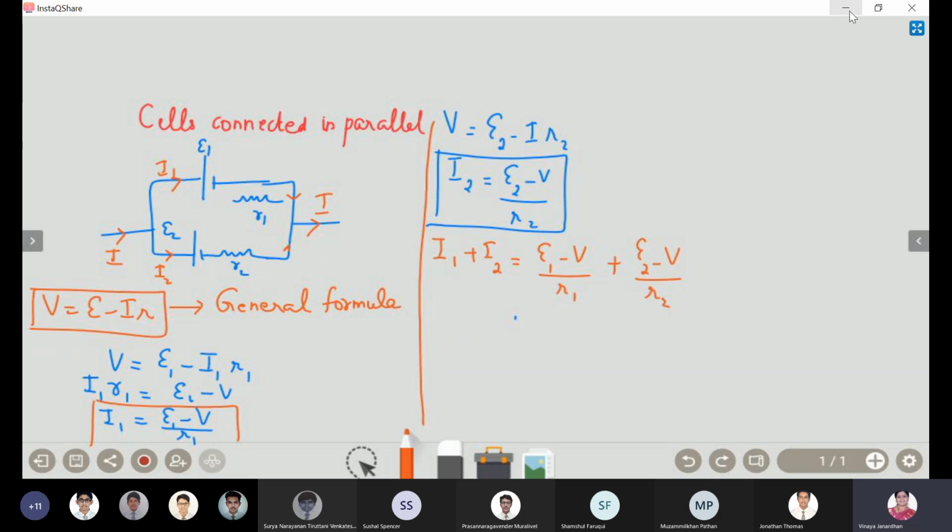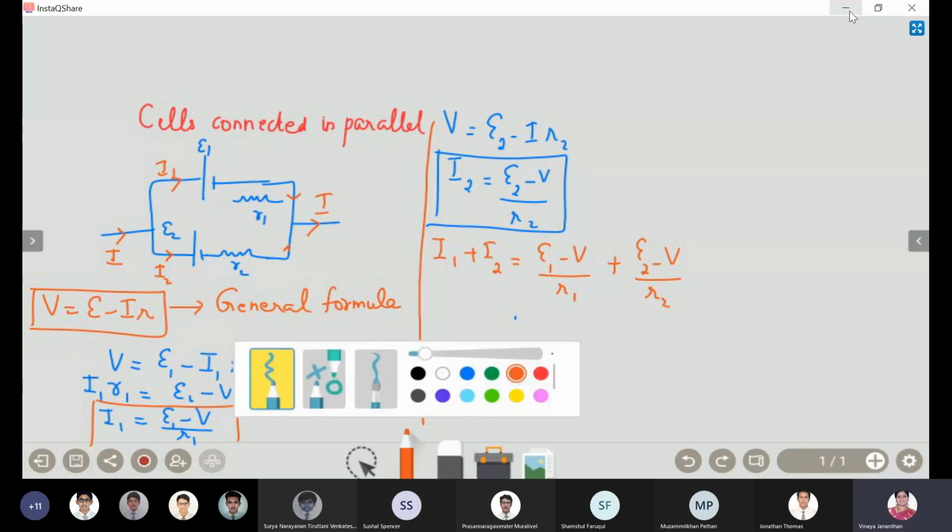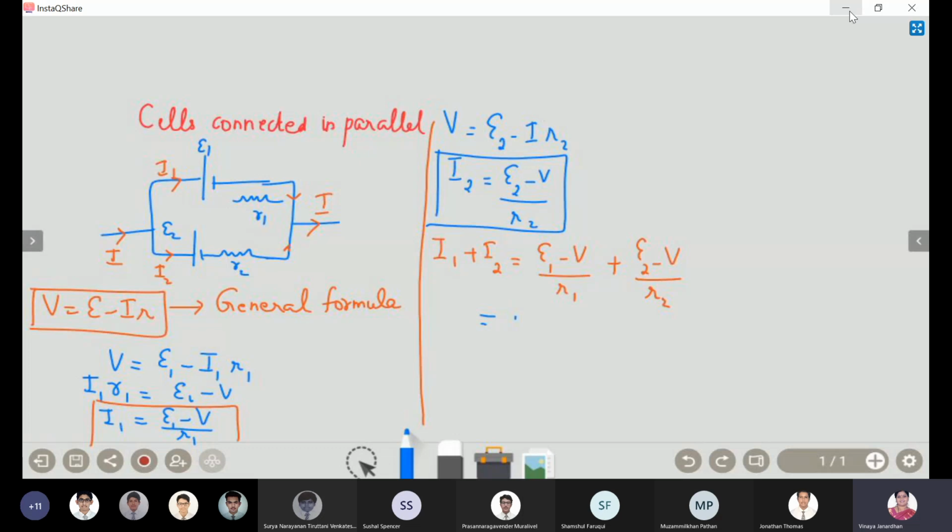Can we expand this? Expand the first quantity.